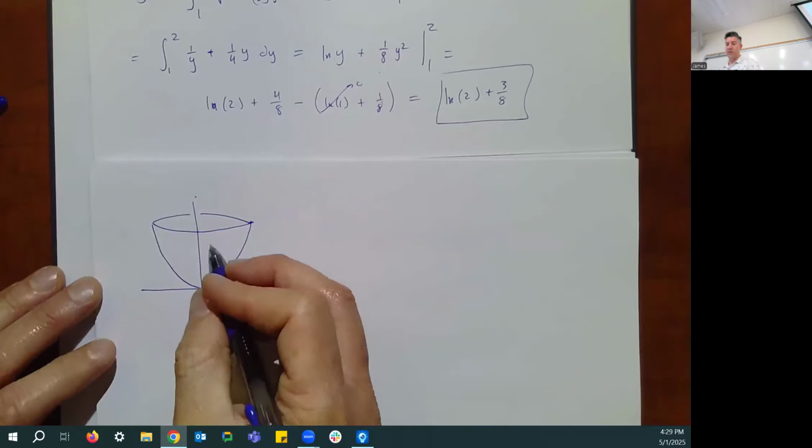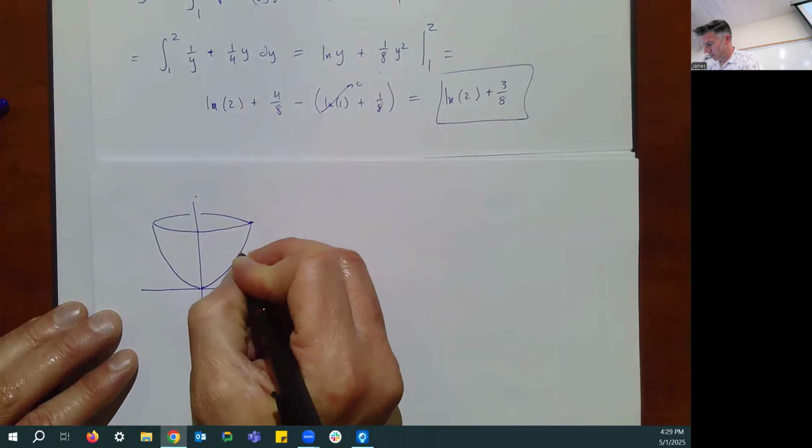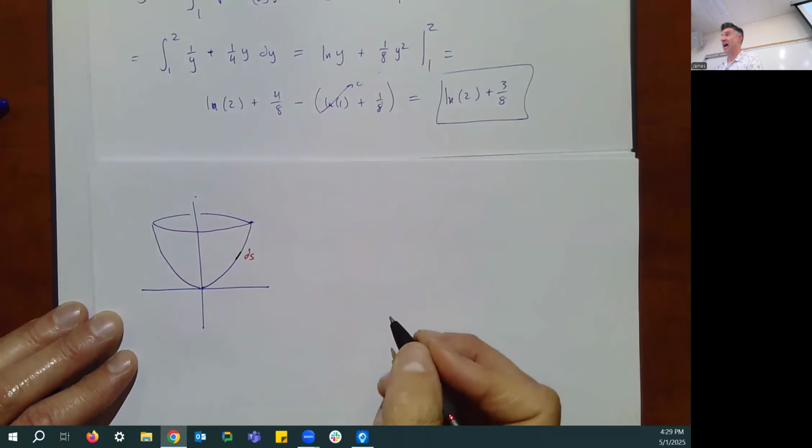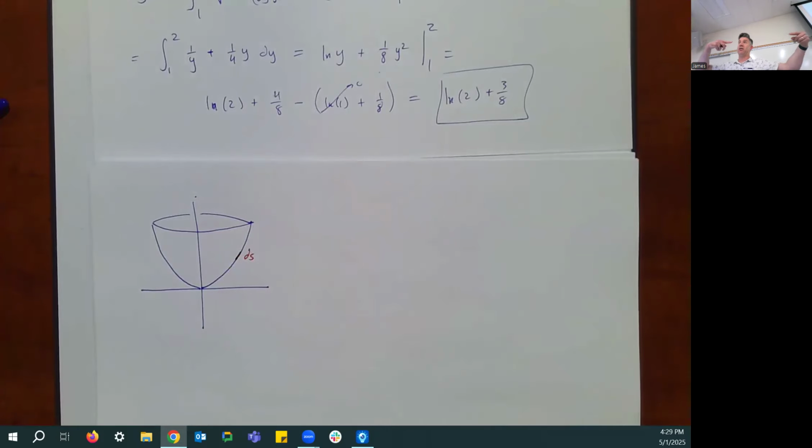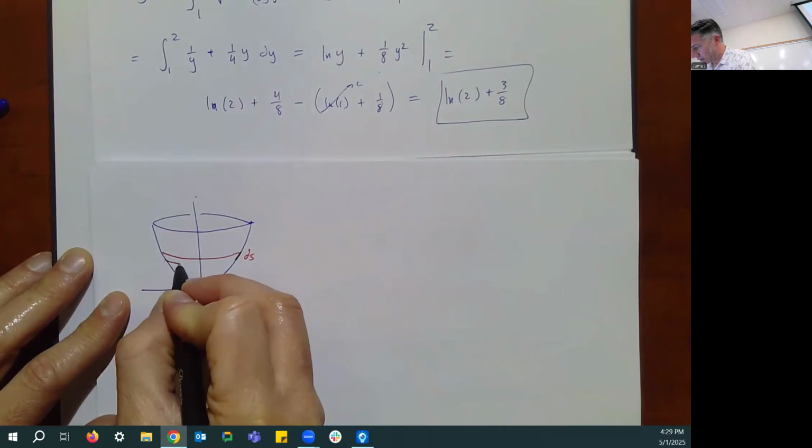if I want to find the surface area, what I'm going to think of doing is taking a little section of that curve, which has a length of ds, because it's not just a change in x or a change in y, it's a change in both directions. And then we're going to rotate that around and get a rubber band shape.